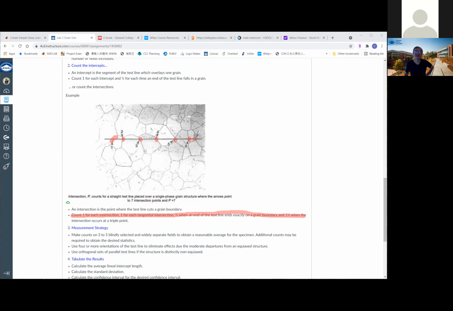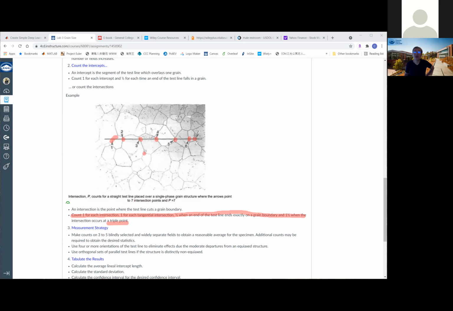So we got 7. But there might be chances that when you draw a line, it happens to hit an intersection point with multiple boundaries. If you have a triple point, which means you draw a line that goes through this one here, then you count 1.5.